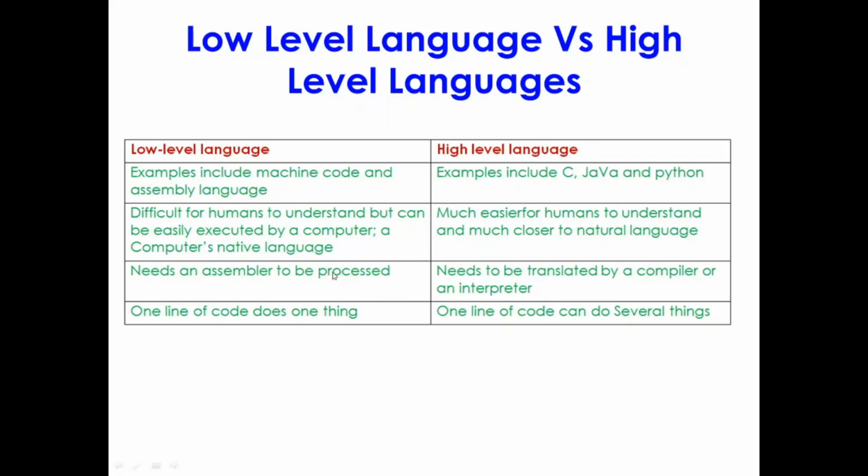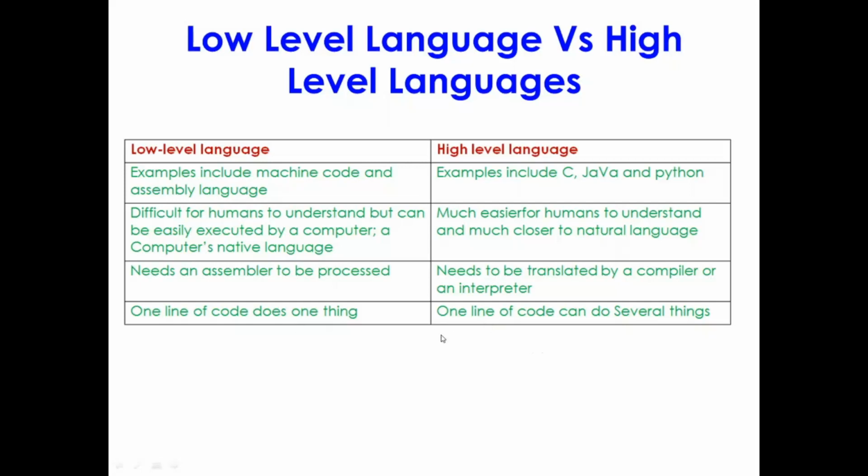For low-level languages, you need assemblers. If the program is written in assembly language, you need an assembler to translate. And for high-level languages, you can use compiler or interpreter, depending on the programming language. And in low-level language, one line of code does one thing, but in high-level languages, one line of code can do several things.